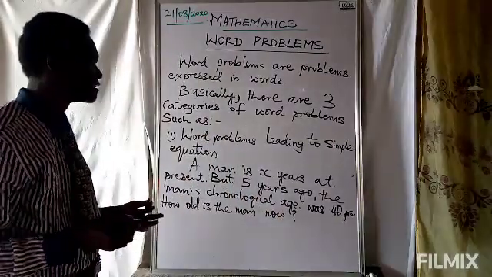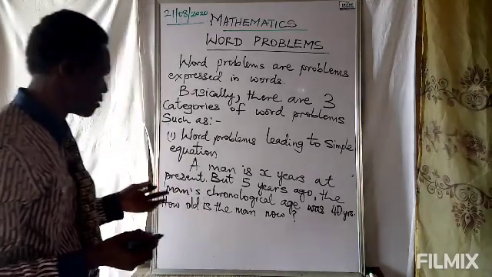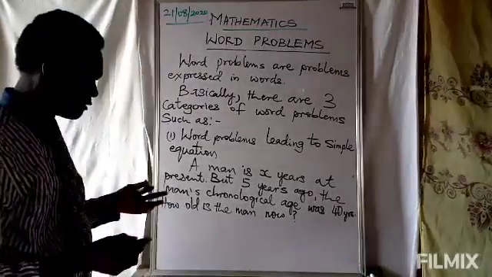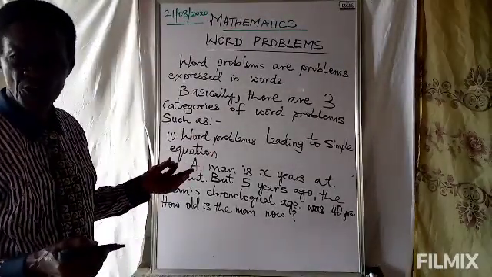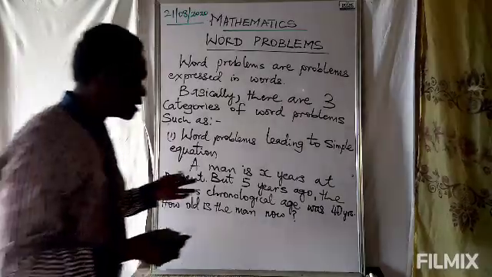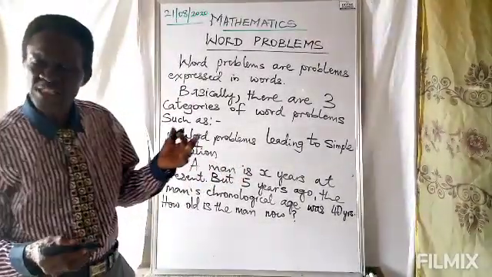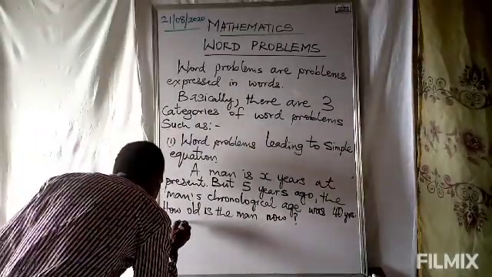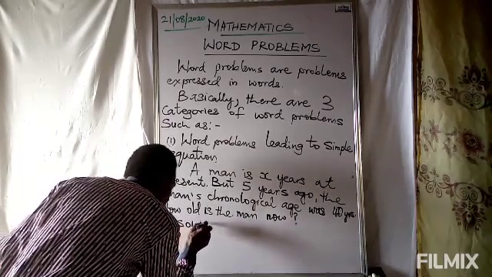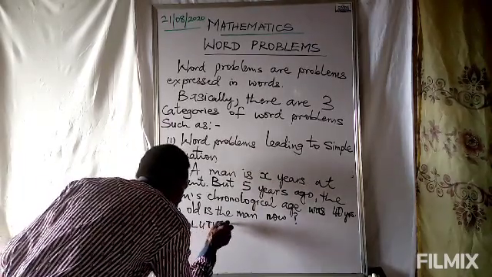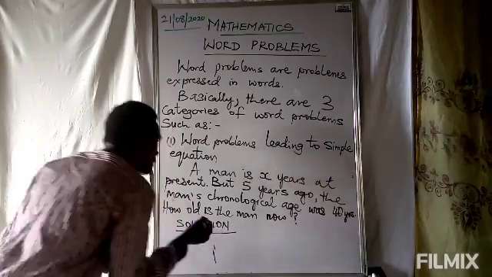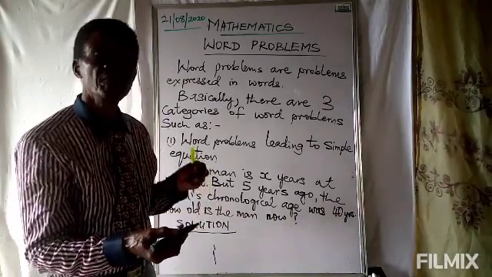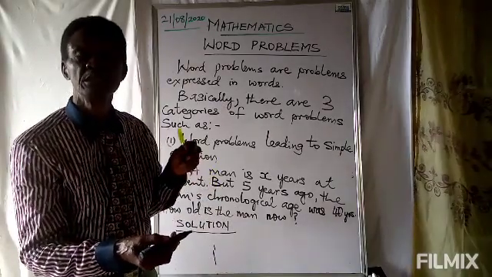So in this case, we are going to form an equation. We are told the age of the man 5 years ago. So, solution. Now, the man's age 5 years ago was said to be 40.